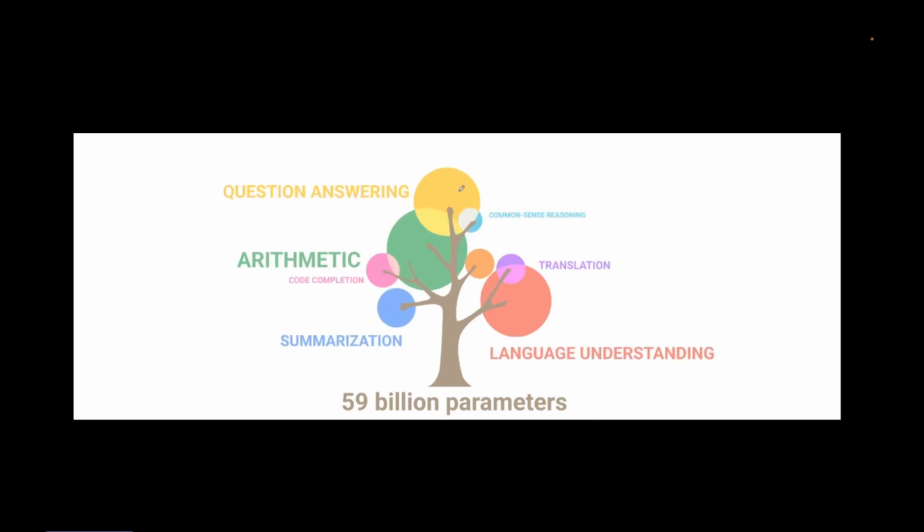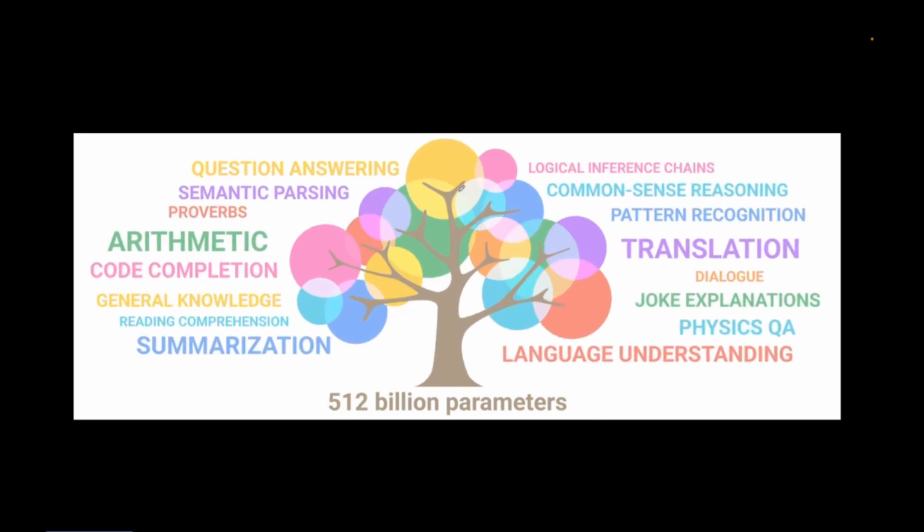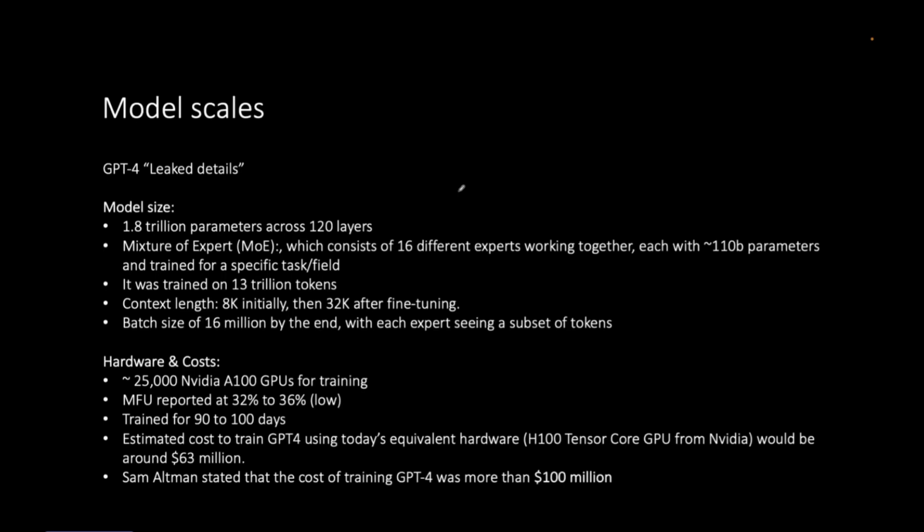And this is the key reason why these models are getting big. Well, big by today's standards, and difficult to train. The GPT-4 model, they say, uses 1.8 trillion parameters spread across 120 layers, mixture of experts, which means that they train different networks, so 16 different models with roughly 110 billion parameters each.